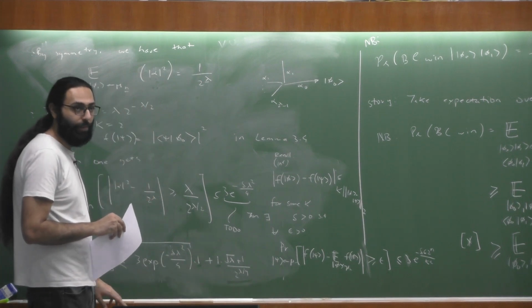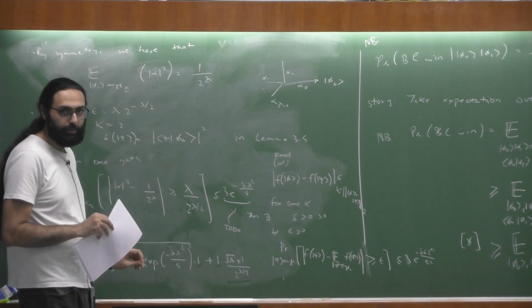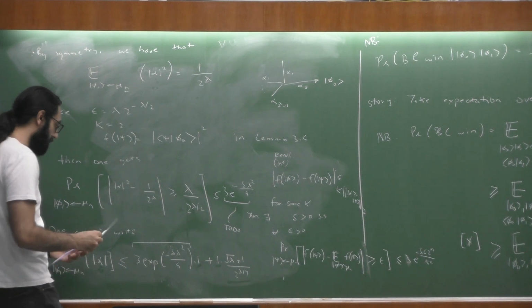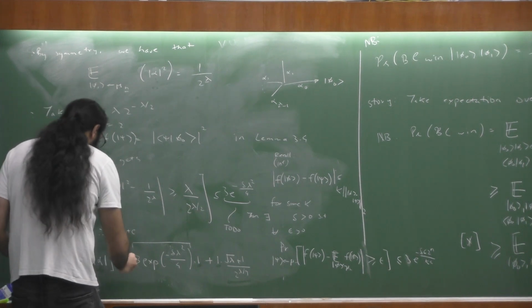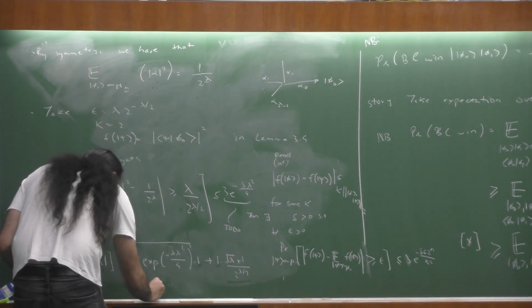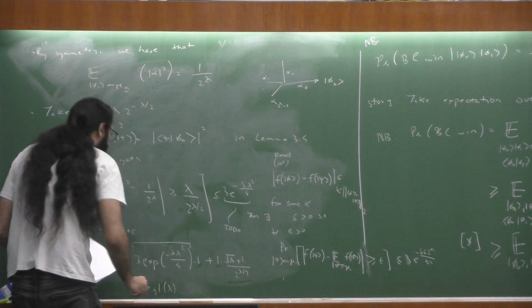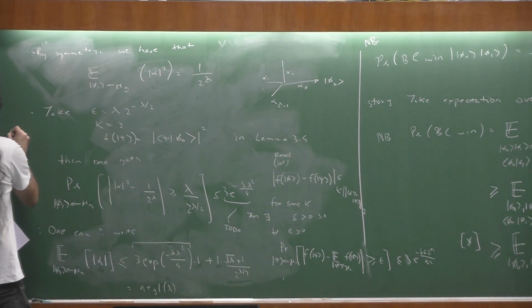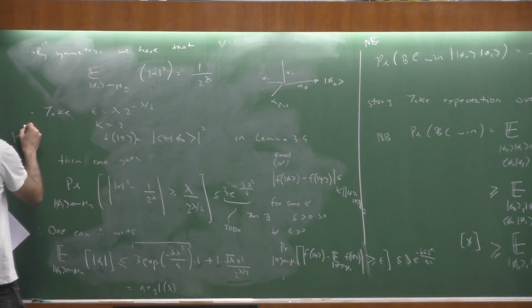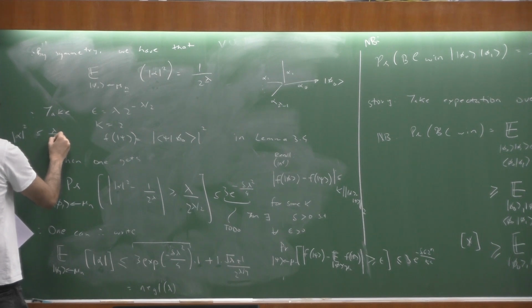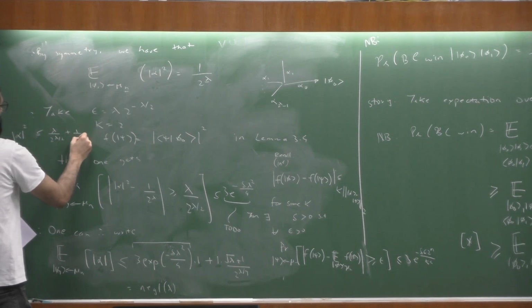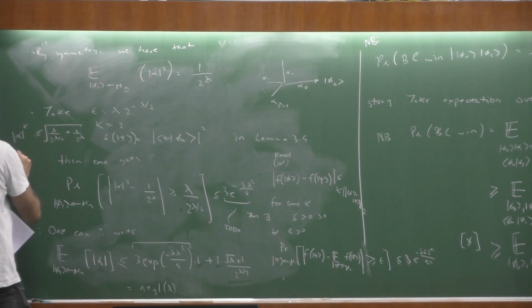Okay. So that's the statement. And this is negligible, right? So this is negligible. Okay, so this calculation is just this: you have mod alpha square, and you want it to be at most something, so you go lambda by 2 to the lambda plus 1 by 2 to the lambda, and then you can take square roots, and use the fact that root of a plus b would be at most the sum of the roots.